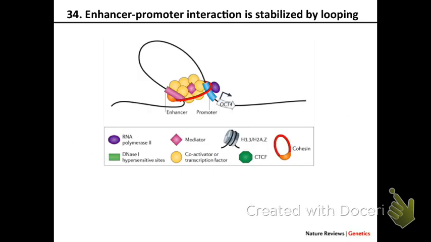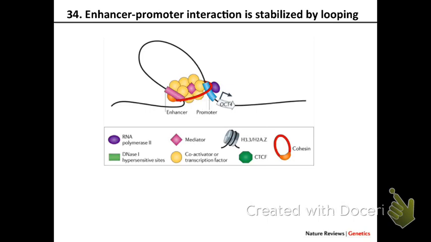So we know that basically in eukaryotes, the way that enhancers and promoters work is through DNA looping of enhancers to the promoters, and these are mediated by a bunch of proteins that include mediator and the SMC complex, such as cohesin. There can be other proteins as well, like coactivators and transcription factors, that can also mediate this looping, even in the absence of cohesin.